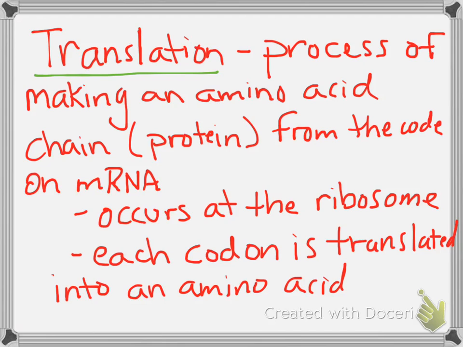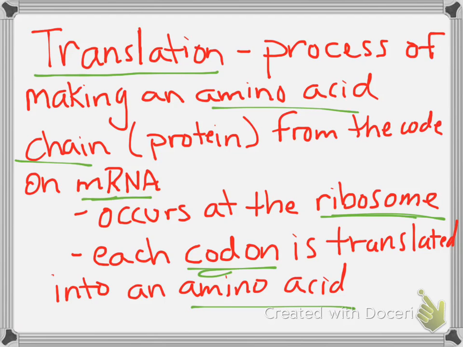The other process that is involved in protein synthesis is the process of making an amino acid chain from the code on mRNA, and that's called translation. So we're translating the mRNA into the sequence of amino acids, and this occurs at the ribosome, and each codon is translated into an amino acid.